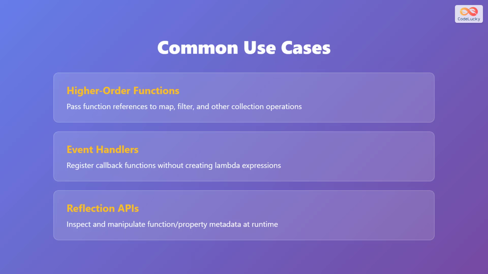Finally, when working with reflection APIs, member references provide access to function and property metadata that can be inspected and manipulated at runtime. This enables powerful dynamic behavior such as dependency injection, serialization frameworks, and custom validation logic. Understanding these use cases will help you leverage member references effectively in your own applications.